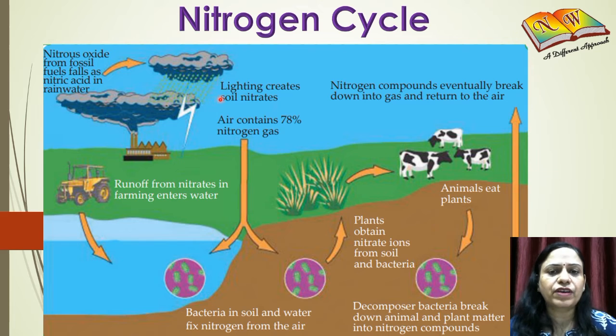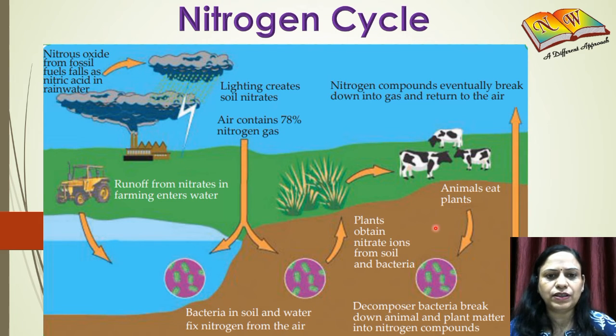So the process of conversion of the nitrogenous excretory products of animals into ammonium compounds by certain bacteria is known as ammonification. Going down further, once the ammonia has been formed, the process of conversion of ammonia into nitrites and then back to nitrates is known as nitrification.